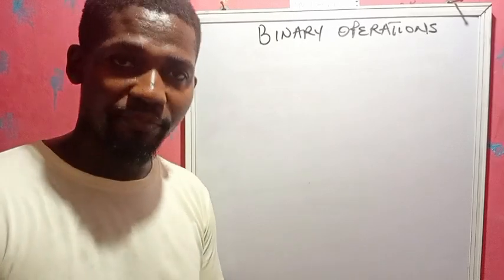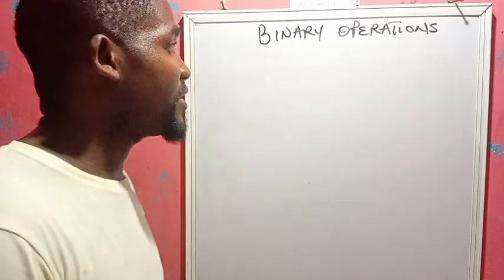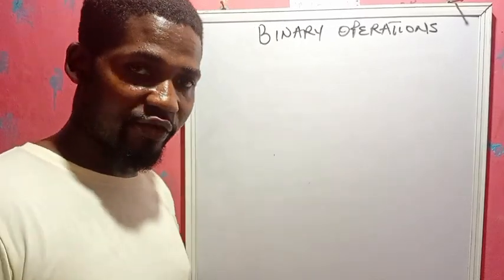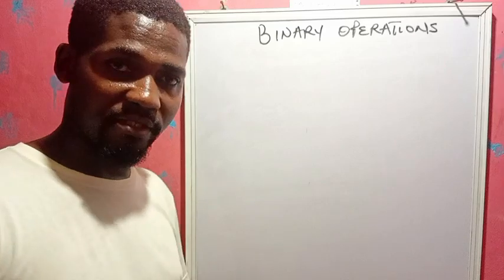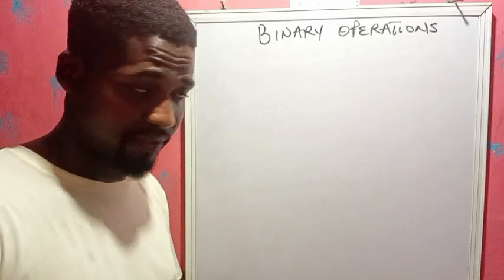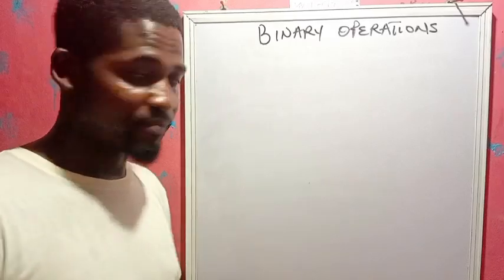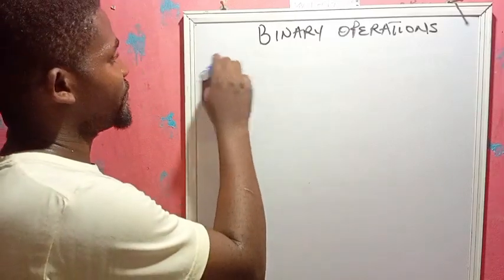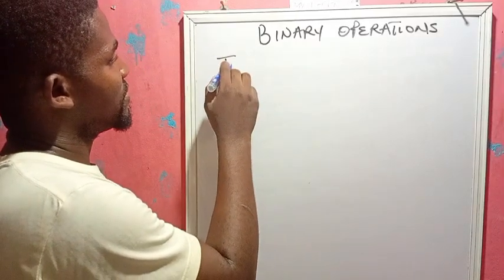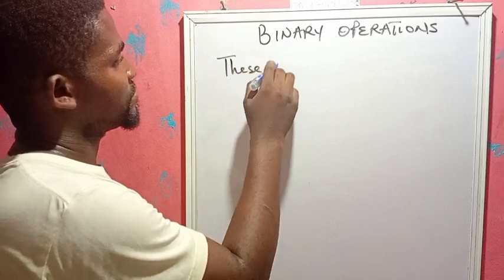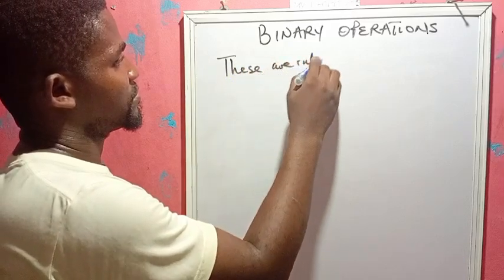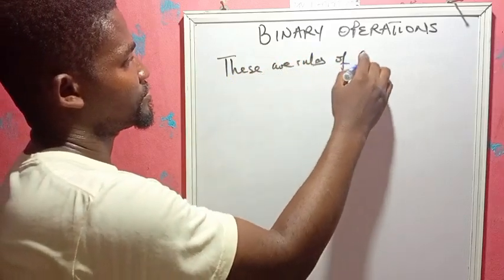Today we're looking at binary operations. In binary operations, we are going to look at the definition of binary operation and some other terminologies, and how to simplify problems on binary operation. The first thing we look at is what is binary operation. We can say it's a set of rules, rules of combination.